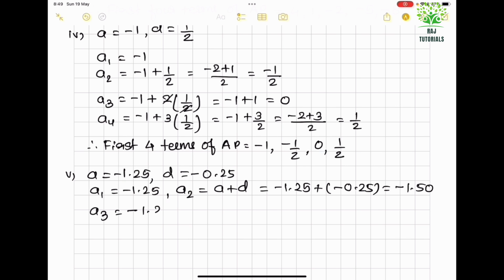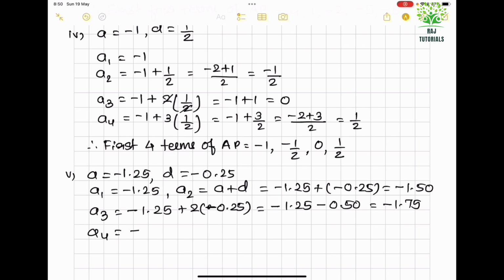A3 will be minus 1.25 plus 2 into minus 0.25, so that will be minus 1.25 minus 0.50, so that is minus 1.75.